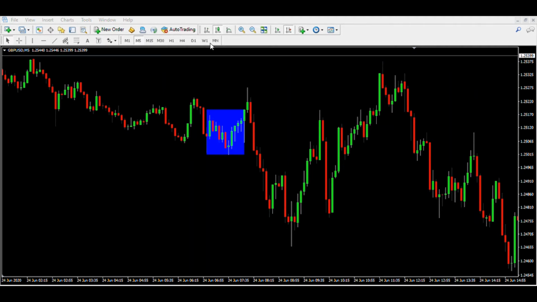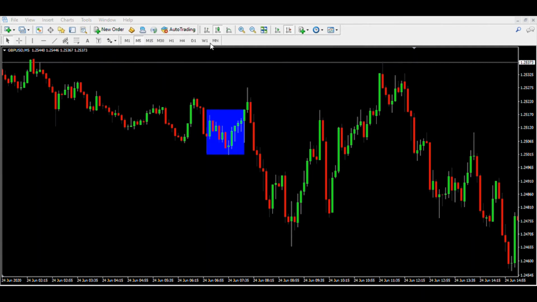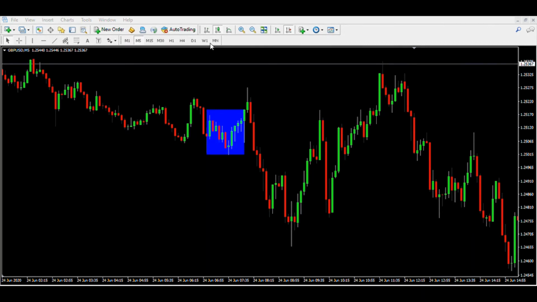So let's get into this simple London strategy. All right, so what you are doing is marking a 1 hour box prior to the London Open. So it's an hour before London Open.